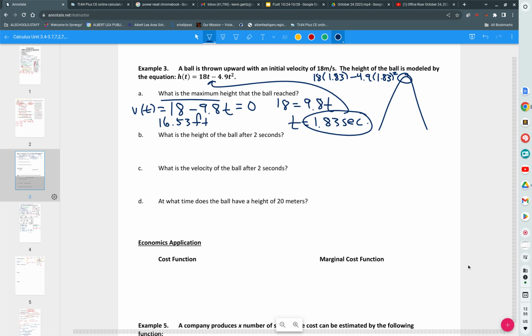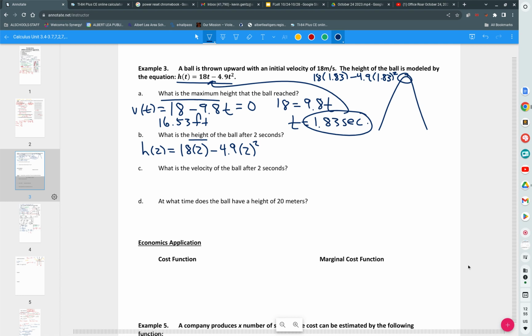So if I want to know the height of the ball after 2, do I plug it into the velocity function or the height function? Yeah, I want to know the height, so I plug 2 into the height function. So the height after 2 seconds is equal to 18 times 2 minus 4.9 times 2 squared.